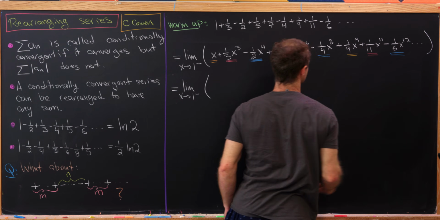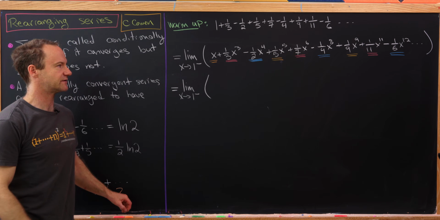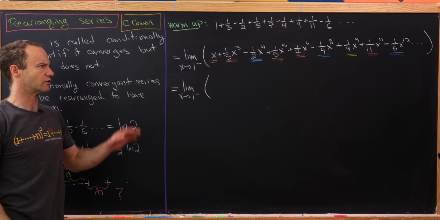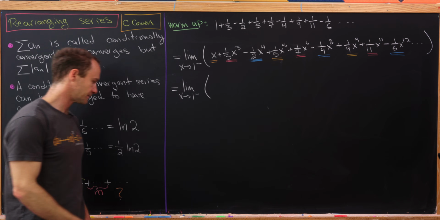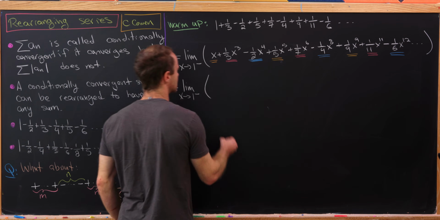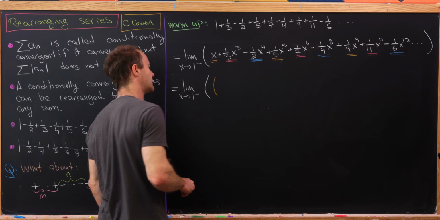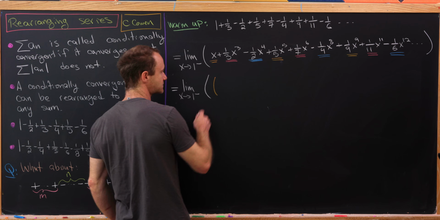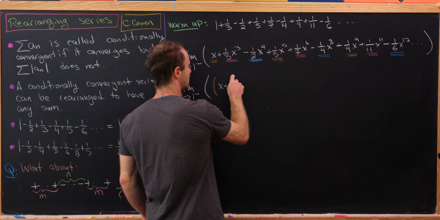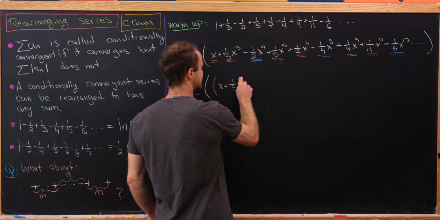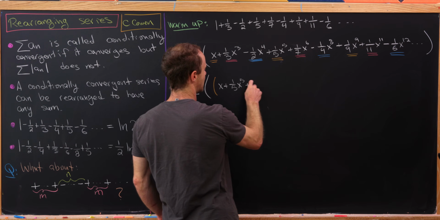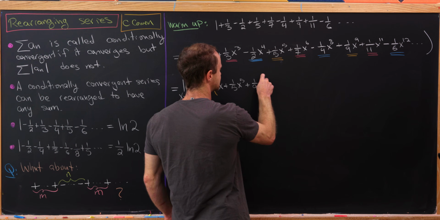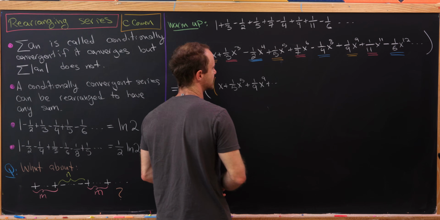So it's not exactly grouping all of the positive terms and all of the negative terms. It's like grouping them in this pattern. Okay, so let's see if I can color code this. So I'll put everything underlined in orange with orange parentheses. So I've got x plus 1/5 x to the fifth, and then plus 1/9 x to the 9th, and then so on and so forth.